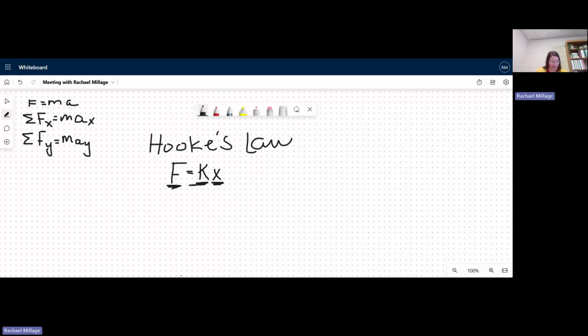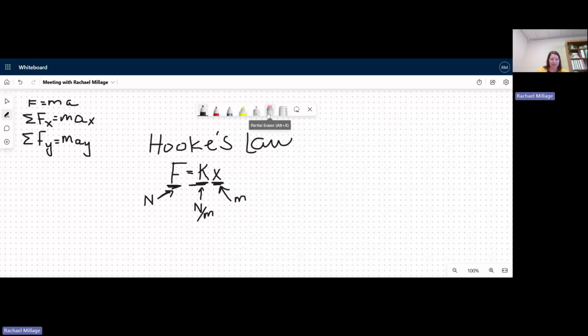K is the spring constant, and we have units for the spring constant of newtons per meter. X is going to be in meters, and force is going to be in newtons. So this is Hooke's law.